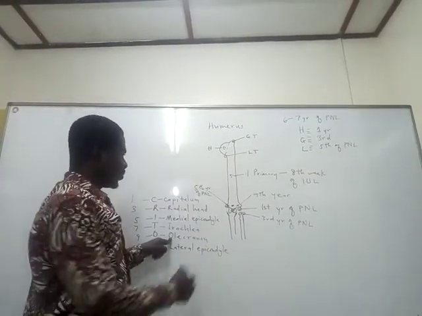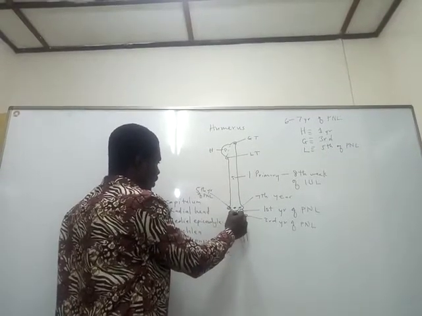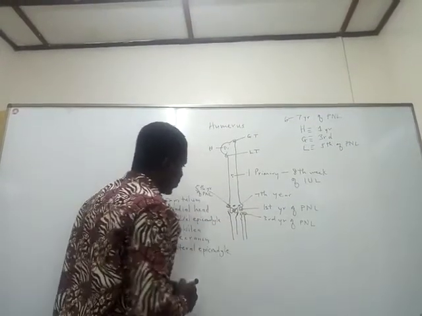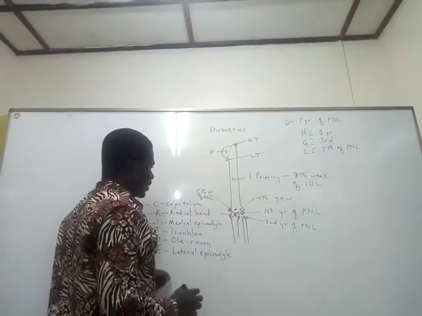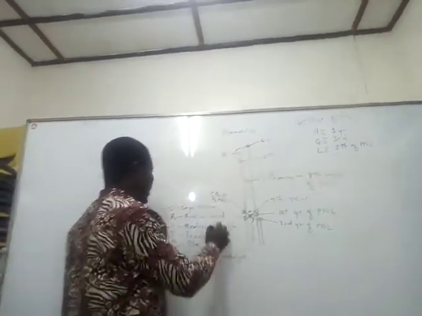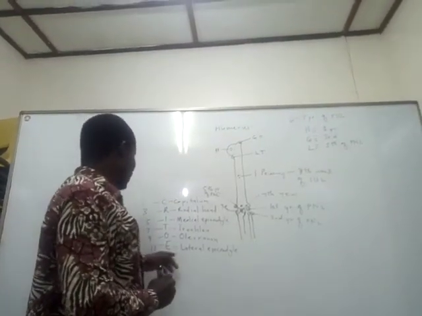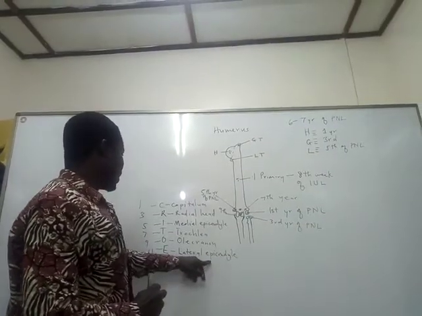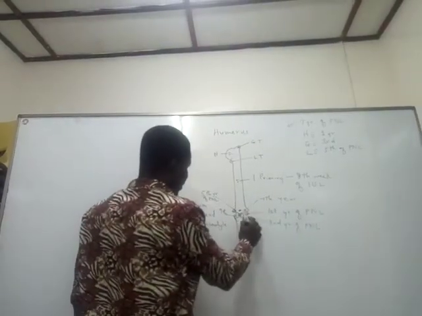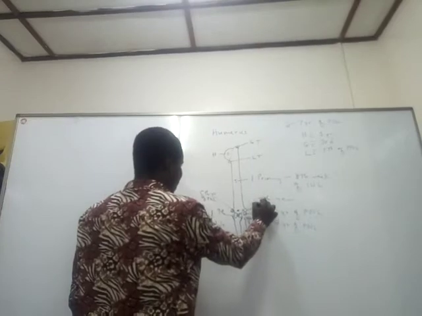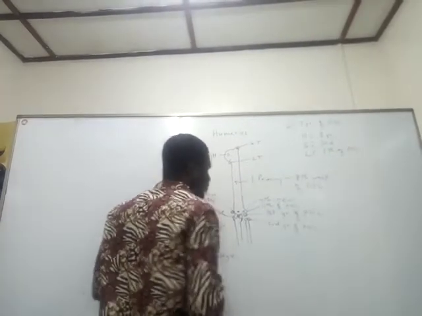Olecranon, and we know olecranon is located at the posterior aspect of the elbow, a very prominent posterior part of the ulna, and its secondary ossification center appears around the 9th year of postnatal life. And then for the lateral epicondyle, that one appears around the 11th year of postnatal life.